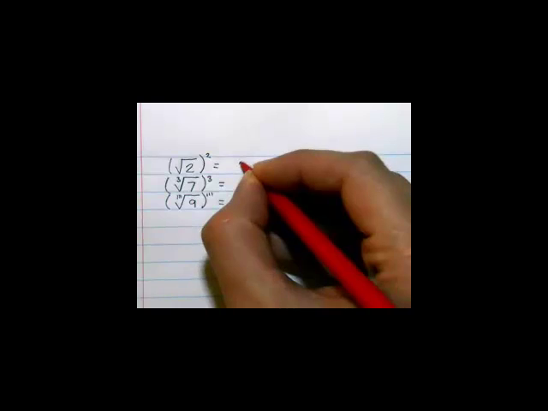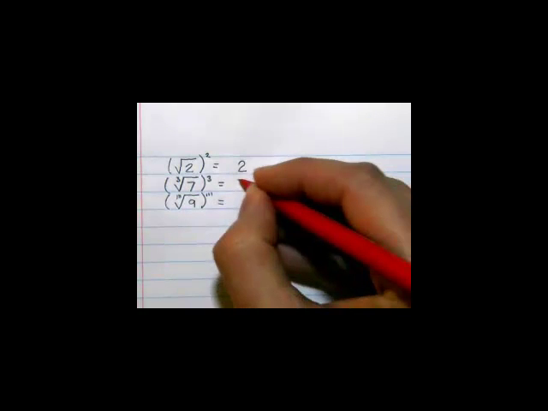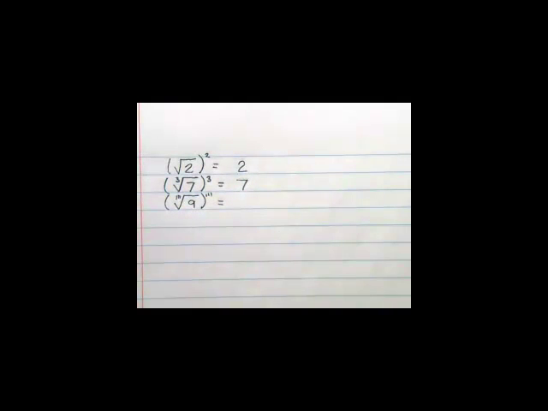The first one we've done before, and the other two kind of follow the same pattern. So what's the square root of 2 squared? It's just 2, right? The square and the square root cancel each other out. So following that same logic, what's the cube root of 7 cubed? 7. And what's the 111th root of 9 to the 111th power? 9.